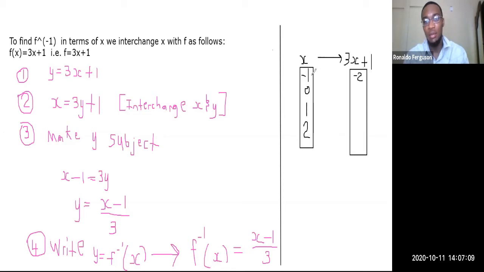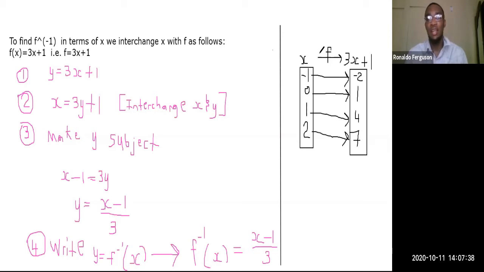And so negative 1 maps to negative 2. When x is 0, y is 1, so 0 is mapped to 1. When x is 1, y is 4, so 1 maps to 4. And when x is 2, y is 7, so 2 maps to 7. Now this is the function f, so it undergoes the function f.